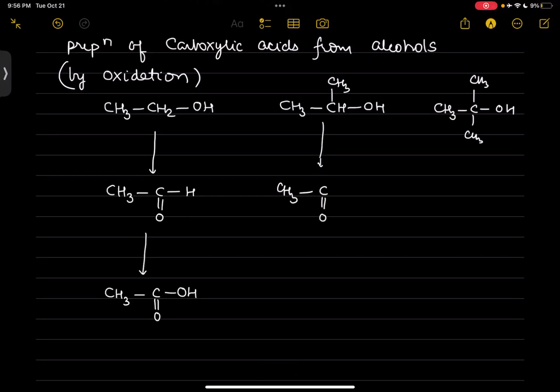So keep the carbon atoms the same, put the oxygen where it was connected earlier on the middle carbon. Oxidation doesn't change the position of oxygen. You need to keep the oxygen wherever it was initially present on the alcohol. This is a ketone. Okay. And ketones are very difficult to oxidize. So the reaction will stop at this stage. And for tertiary alcohol, we know there is no oxidation.